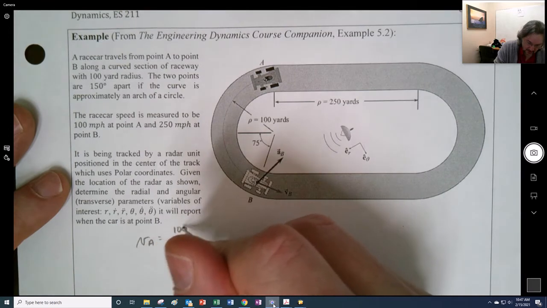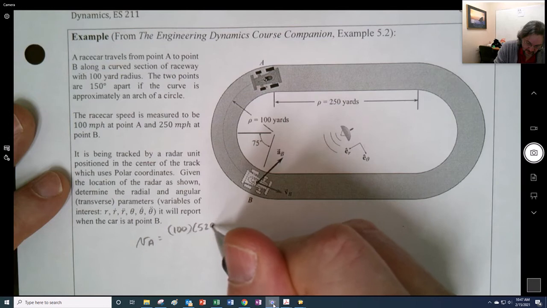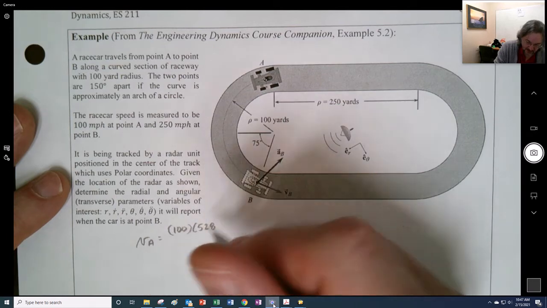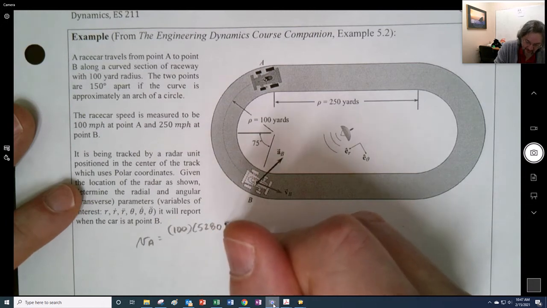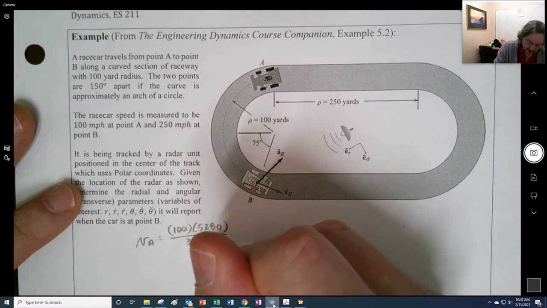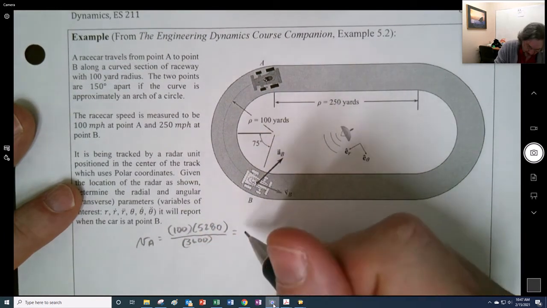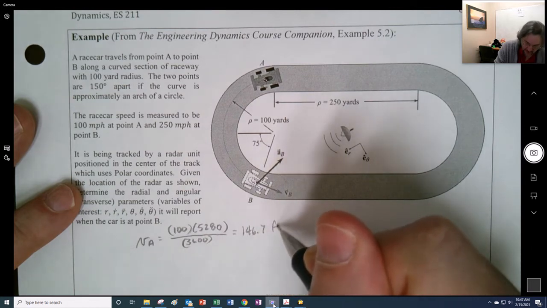That's 100 miles per hour times 5,280 feet per mile divided by 3,600 seconds per hour, so we get 146.7 feet per second.